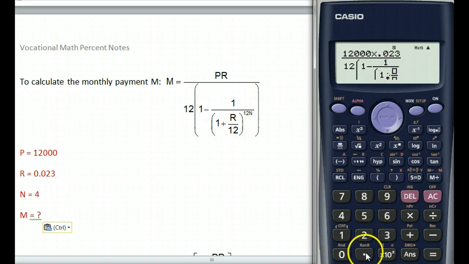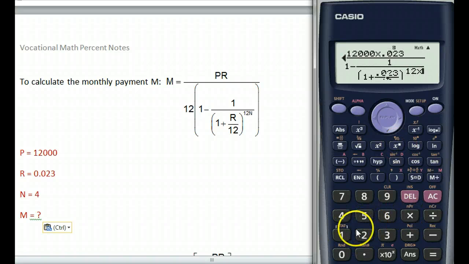It's already getting a little too big for my screen, but it's still typing it all in. 0.023 over 12, then I move my arrow, close the parentheses, and then raise that, using the box, to 12 times n, which is 4.